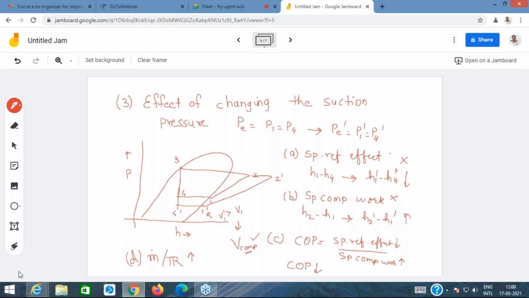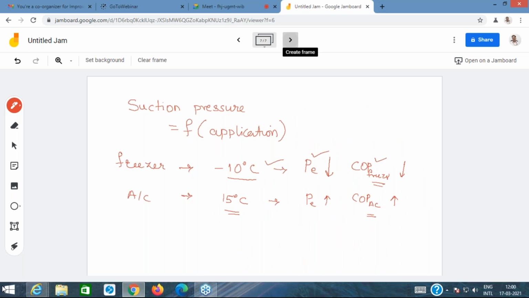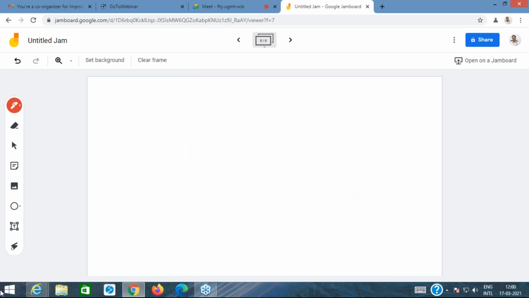Okay, and finally, we would be interested in knowing the effect of changing the condenser pressure on performance.